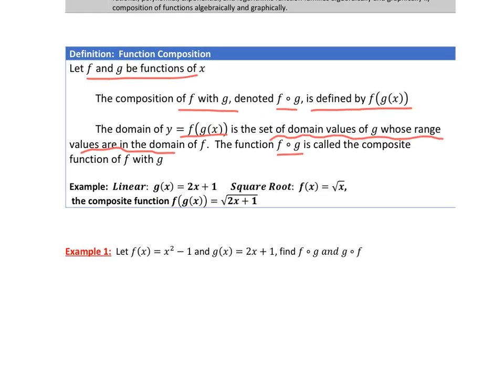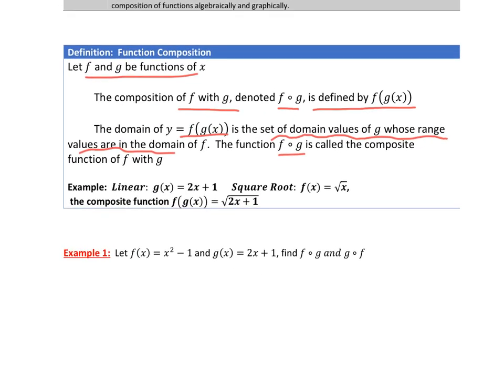But looking at examples of what a composite function looks like, this is an example of a linear function right here, g of x. This is the square root function, the parent function for square roots. The composite function would be f of g of x is equal to the square root of 2x plus 1. That is a simple example of a composite function.